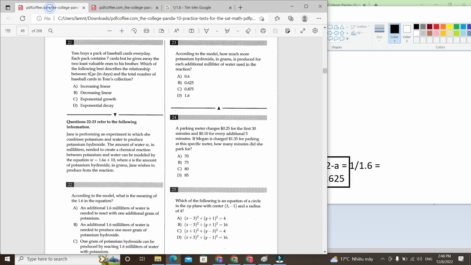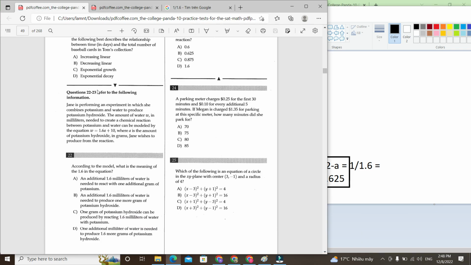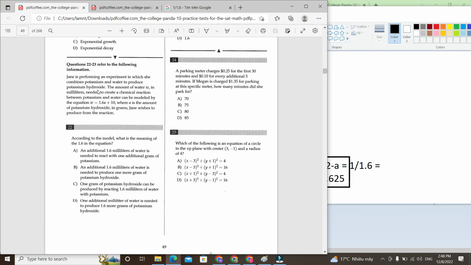Okay, let's come to number 24. A parking meter charged 0.25 for the first 3 minutes and 0.1 for the additional 5 minutes. If Megan is charged $1.35, how many minutes did she park for?